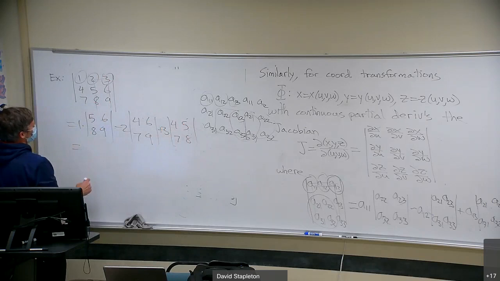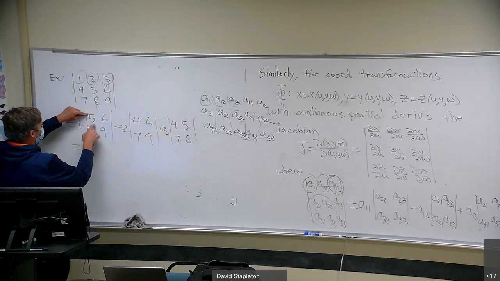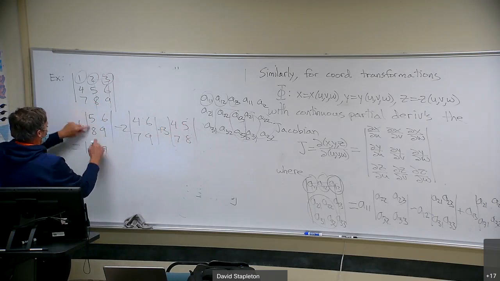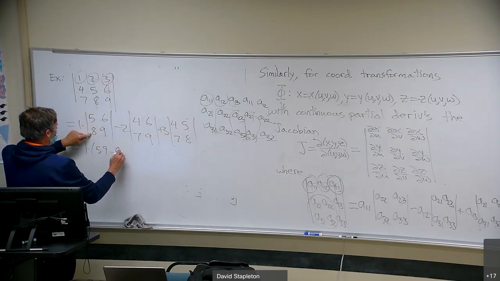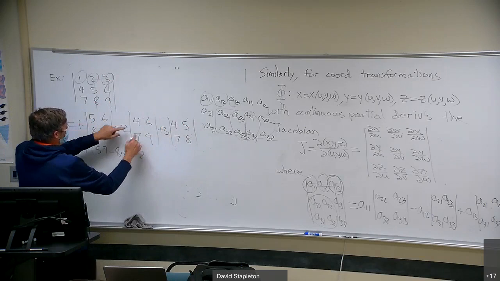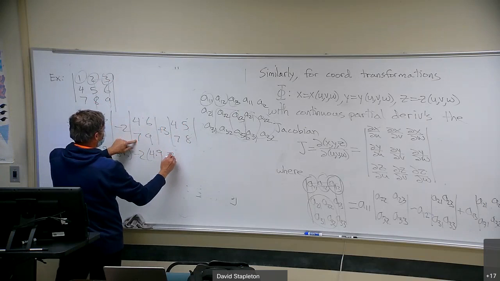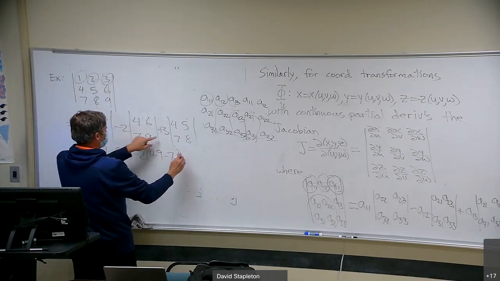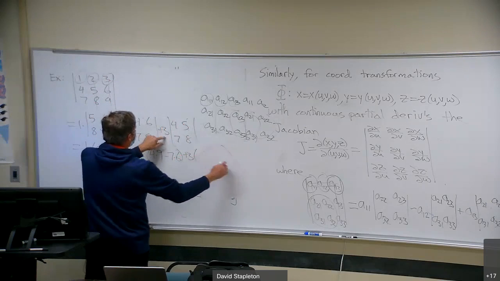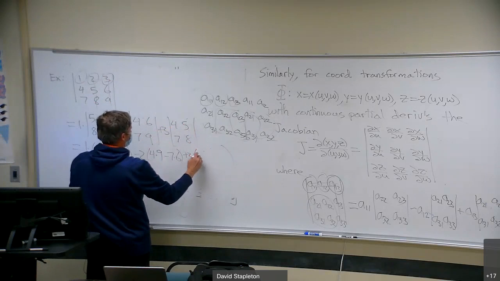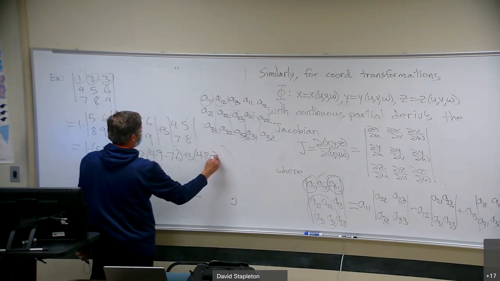And now we know 2 by 2 determinants: 5 times 9 minus 8 times 6, minus 2 times 4 times 9 minus 7 times 6, and then plus 3 times 4 times 8 minus 7 times 5, diagonal minus diagonal, right?